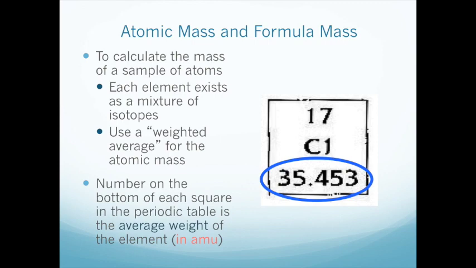This is because there are two isotopes of chlorine, one that weighs 35 and one that weighs 37 AMUs, and the weighted average of their relative abundances causes the average mass to be 35.453. This number will appear below the chemical symbol in many printed periodic tables. In our periodic table that we've been using, which has all of the information you could possibly want on it, you can choose to have the mass displayed, or you can choose to have other properties displayed.